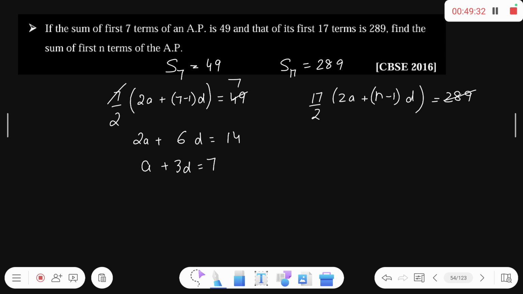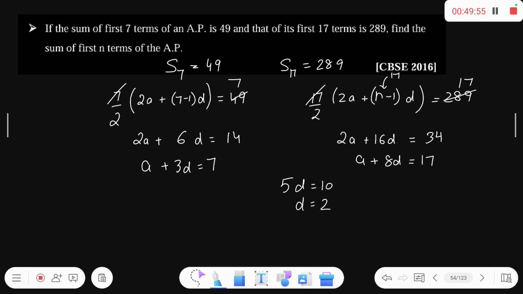Or it is 289. 289 is 17 squared. So this is 17 by 2, (2A plus 16D), because n is 17. 17 times 2 is 34, or A plus 8D is equal to 17. Solving the two, subtract: 8D minus 3D, so 5D is equal to 10, or D is equal to 2. Put 2 anywhere, 2 times 3 is 6, so A becomes 1.